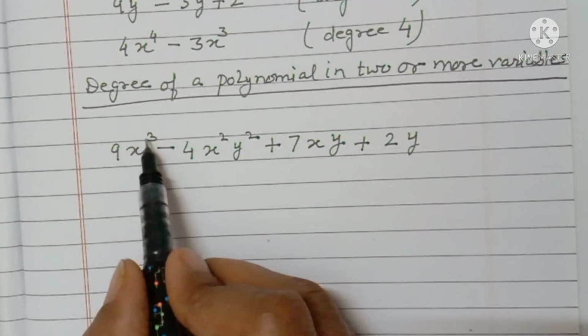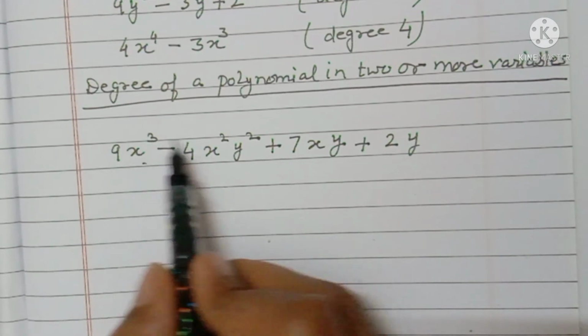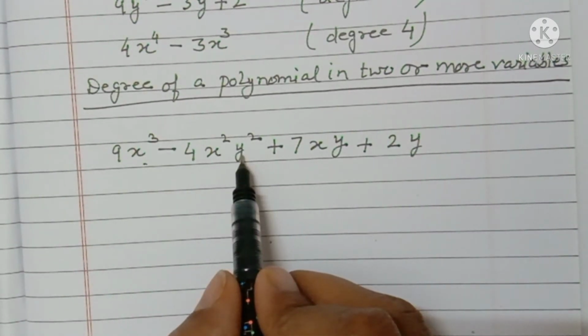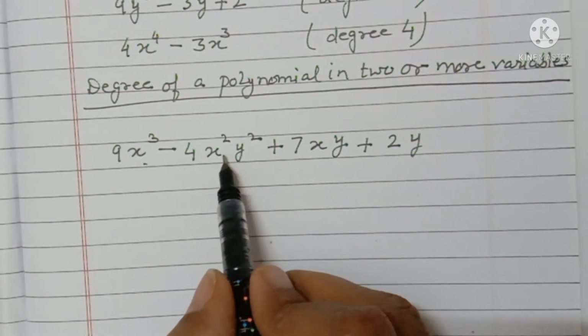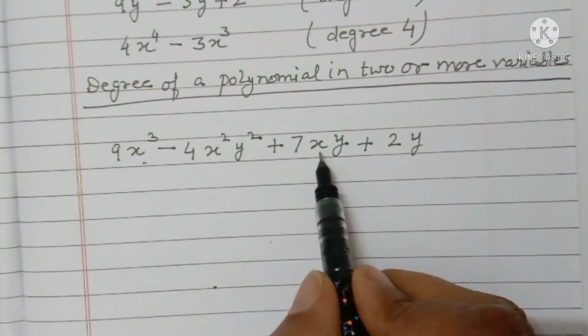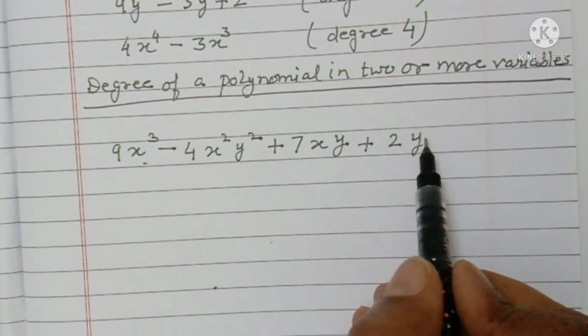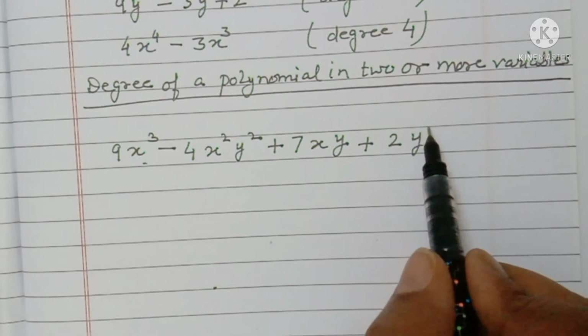Here in 9x cube the power is 3. Here the sum of the powers is 2 plus 2, which is 4, and here 1 plus 1, which is 2, and this term has 1.